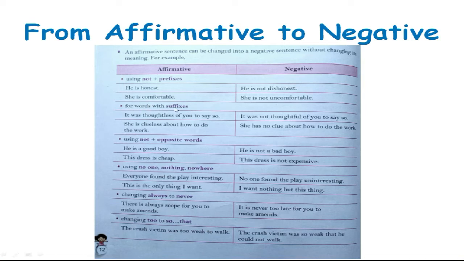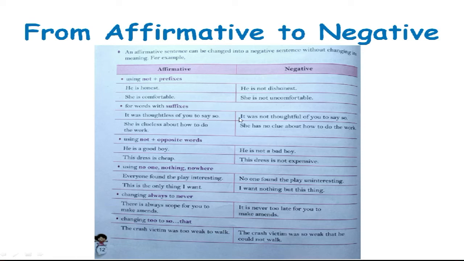Let's look at the next rule. For words with suffixes, there are some sentences which have suffixes to them. Suffix means what? The word part that is added after the root word. Here prefixes means before the root word, suffixes means after the root word. Let's look at the example. It was thoughtless of you to say so.